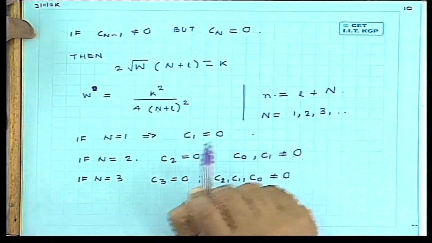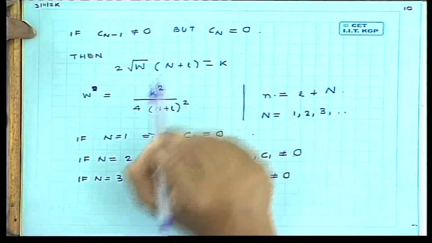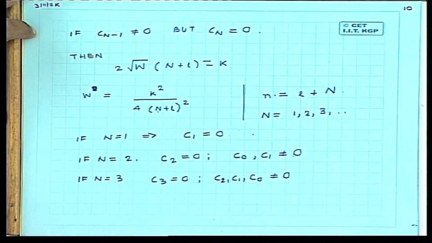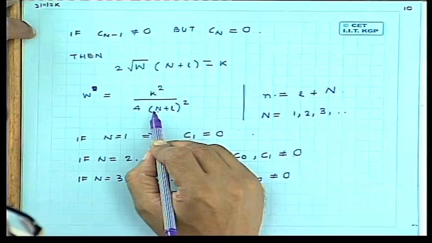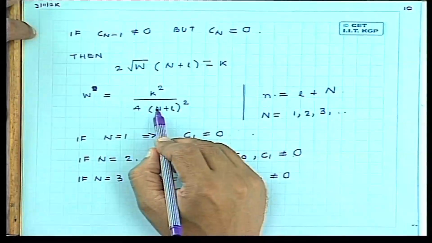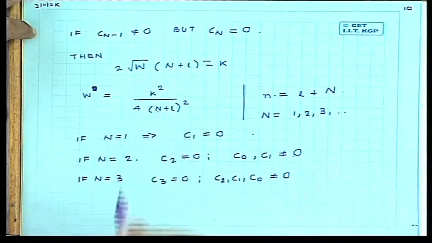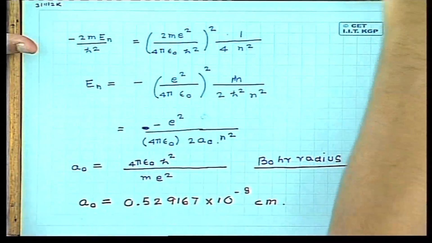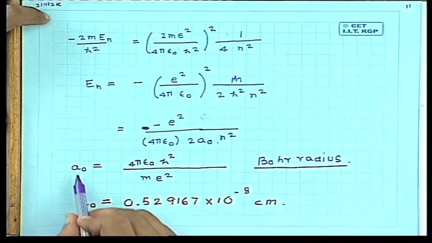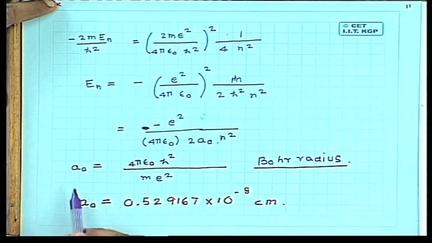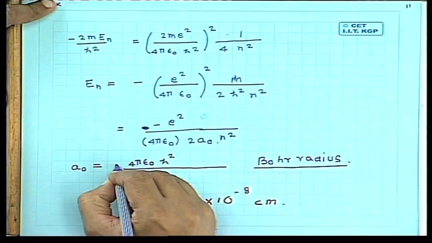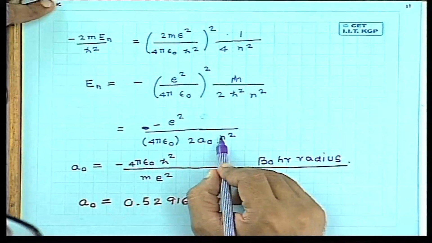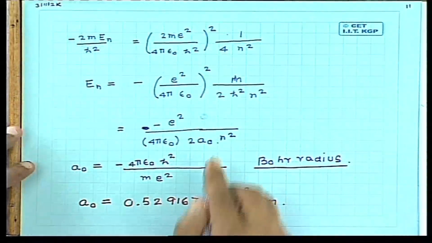This capital N tells us that all the coefficients in the expansion beyond this value disappear, and the small n was the sum of this L, the angular momentum quantum number, and the capital N. So coming back to the energy levels, there should be a minus sign here. The energy levels depend on only one quantum number, this n over here.